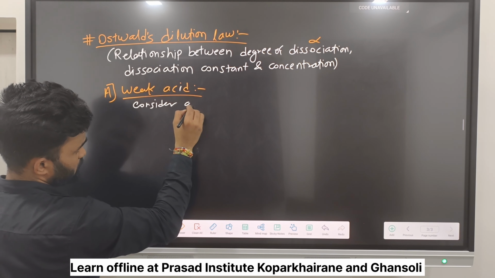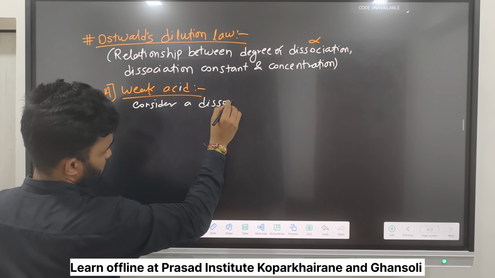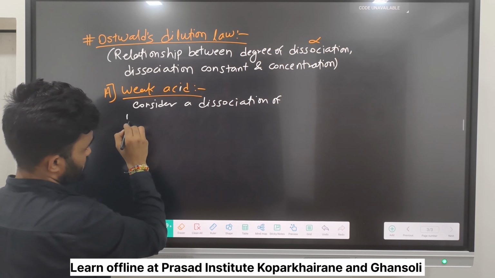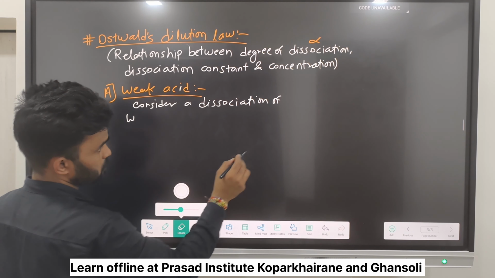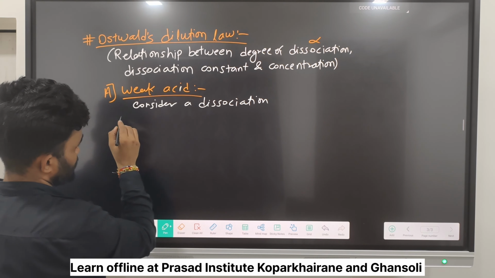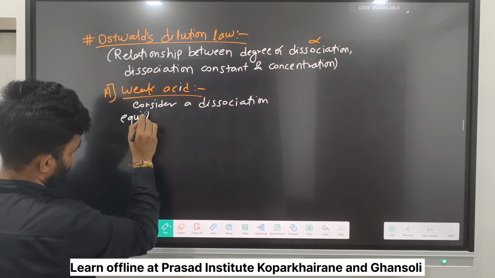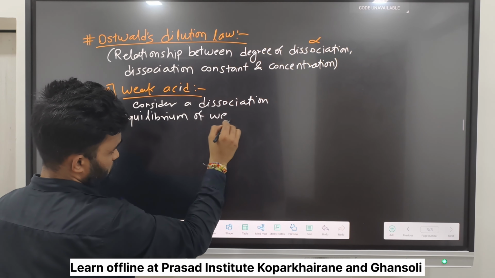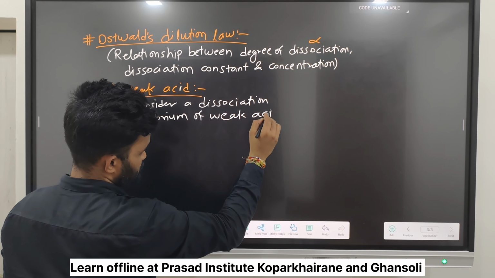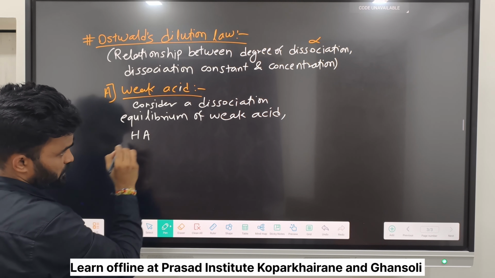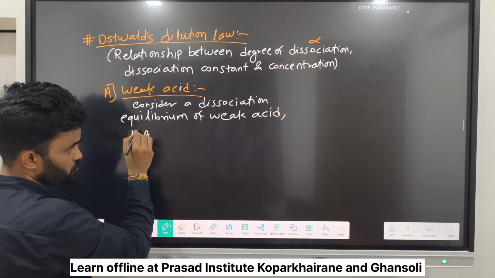Consider a dissociation equilibrium म्हणू आपण. Dissociation equilibrium of weak acid, let's say HA. HA is a weak acid.